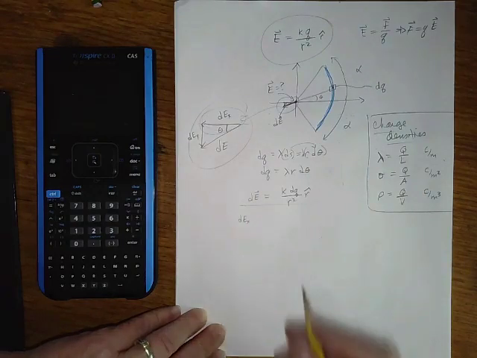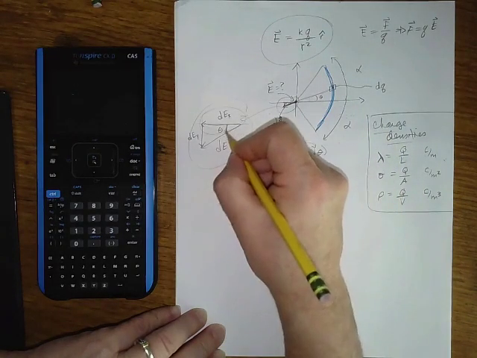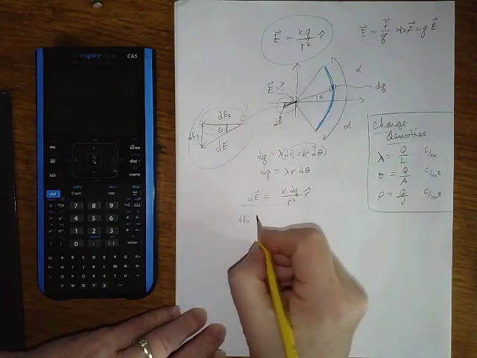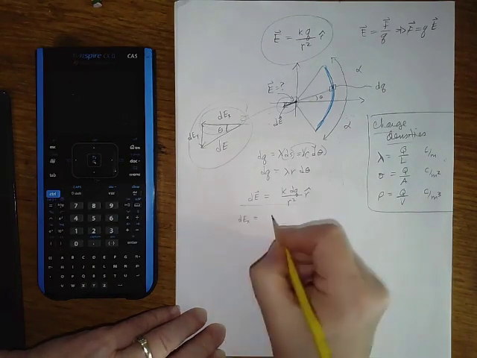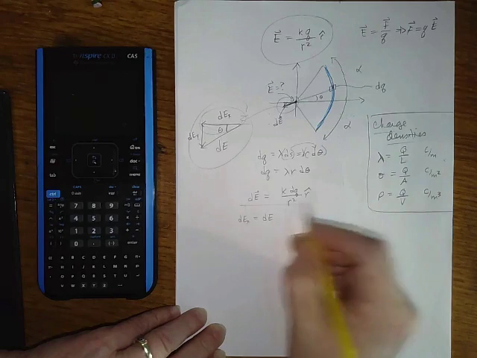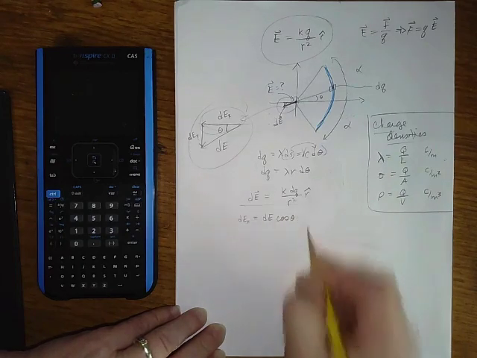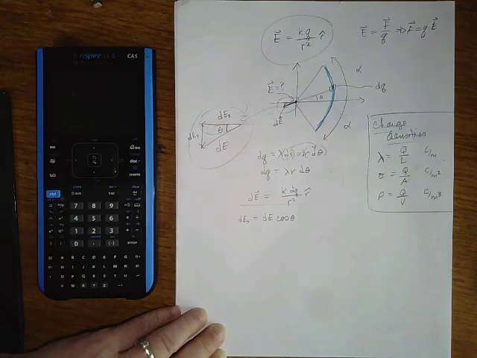All right, so our dEx is related to theta, right? What is it, cosine theta or sine theta? Say it out loud. Cosine theta. All right, so dE in the x component is going to be dE itself, magnitude-wise now we're talking, times cosine theta. And maybe I forgot something.